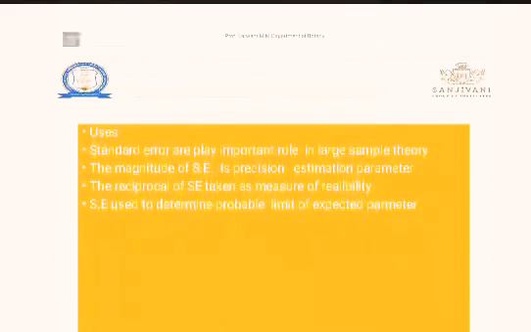Standard error plays an important role in large sample surveys. We are measuring the population of a village or city. For that purpose, standard error is used. The magnitude of standard error is a precision estimate of the parameter, showing whether the estimated parameter is true or false.